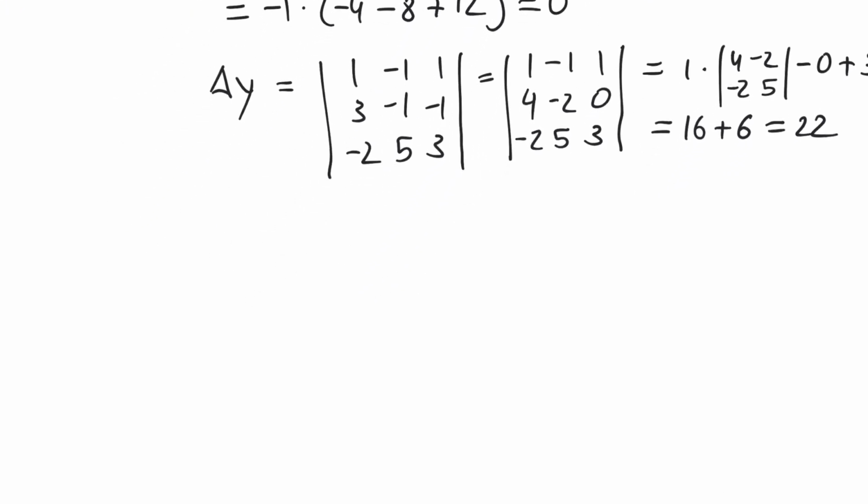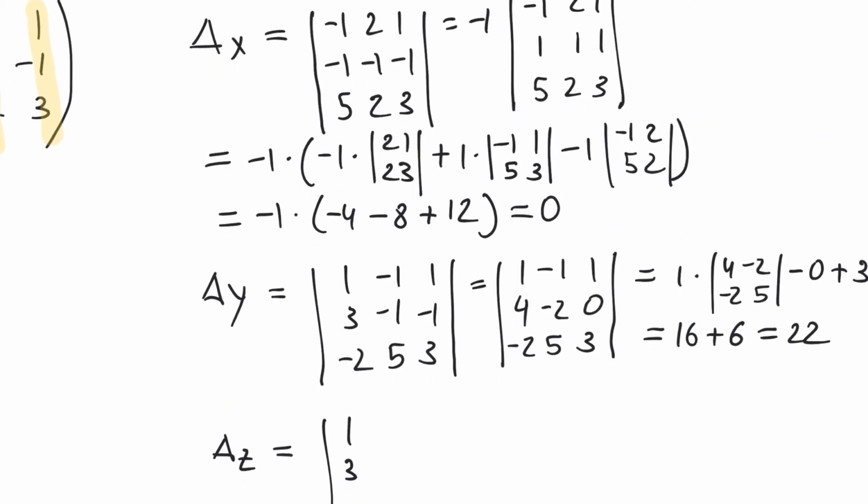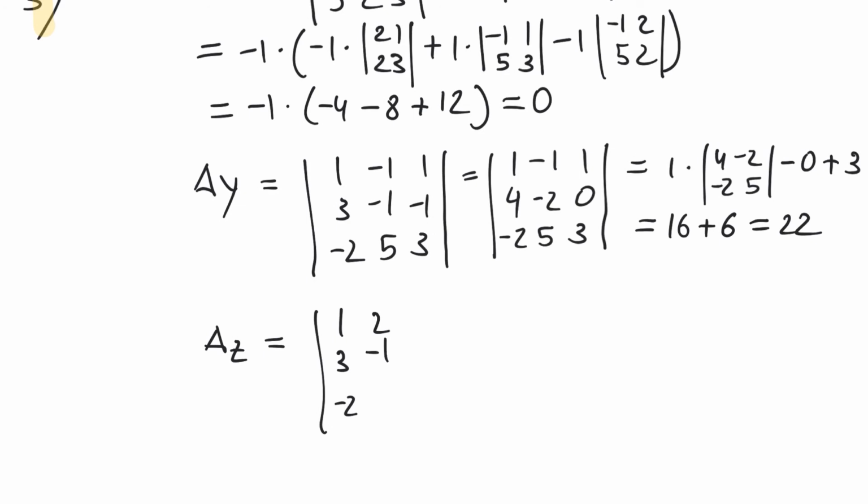Lastly, we calculate the determinant for z. And we have the same in the first column. We have 2, -1, and 2 in the second column. And we substitute the third column, -1, -1, and 5. All right, so let's use, I'm thinking we could use the first row, whatever, why not?